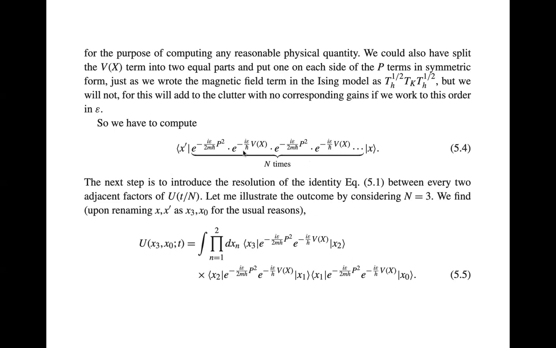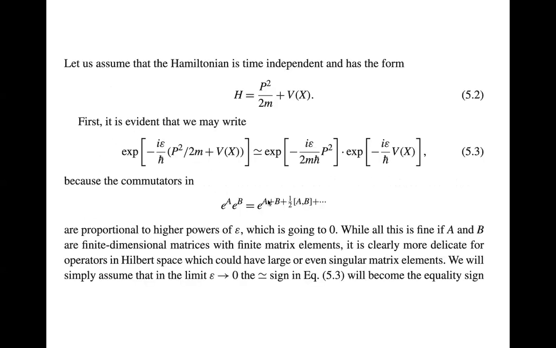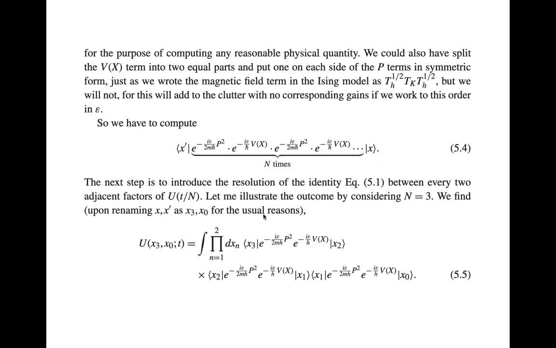So to do this, let's illustrate the outcome by considering n equals 3, where there are three of these objects multiplied together, n times epsilon, and 3 times epsilon is the time.